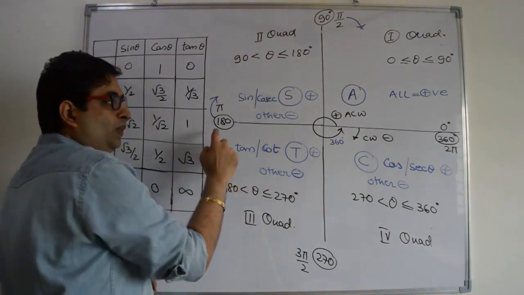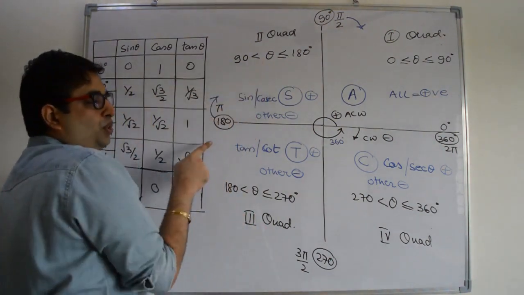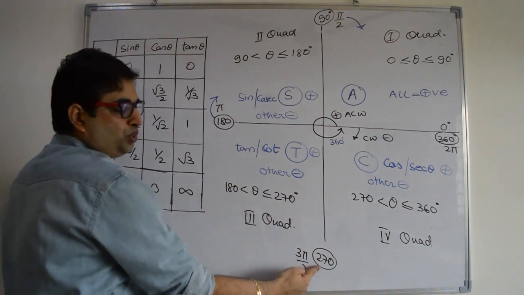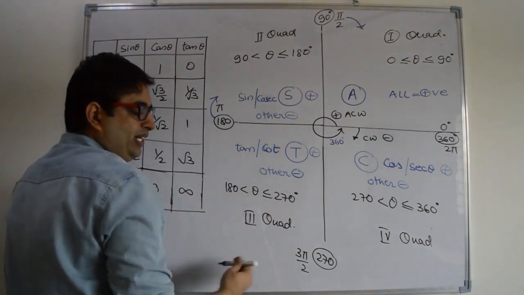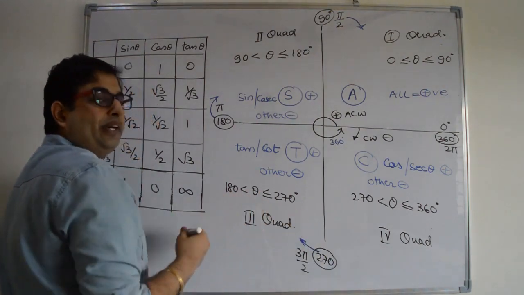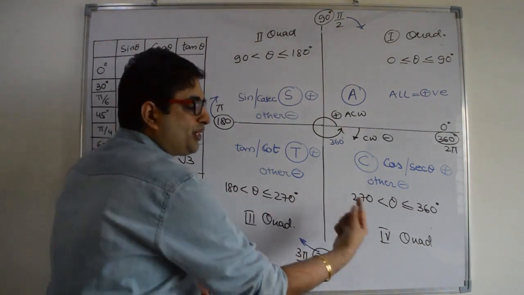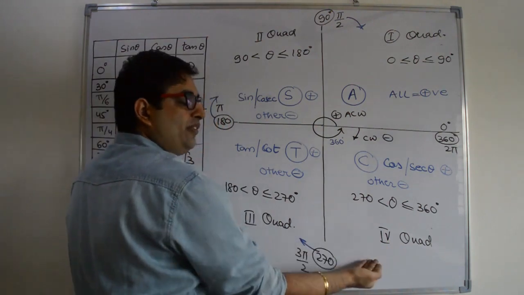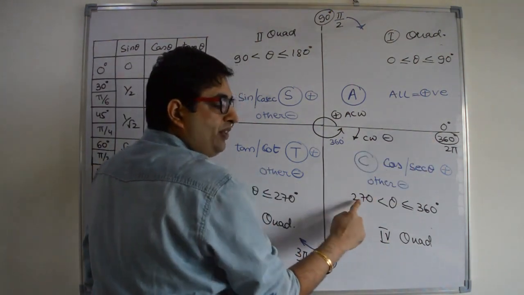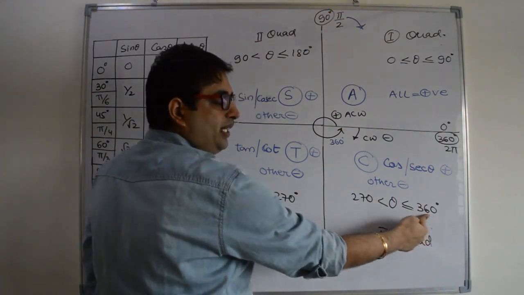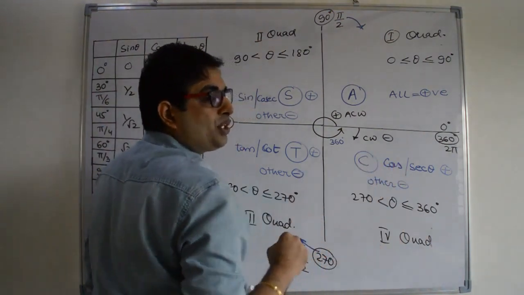Third quadrant: 180 is already in second, so more than 180 up to 270 or 3 pi by 2. So 270 is in third quadrant, right? Fourth quadrant: above 270 to 360 degree, that will be in fourth quadrant, right?